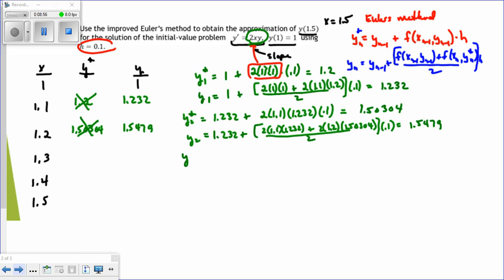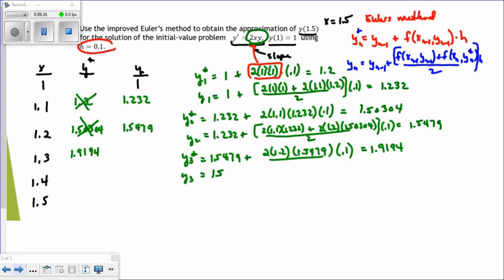Now the y3 star. Use the previous y value, the slope at that point, using Euler's method here to get the predicted value. Whoops, not dividing. And then times the 0.1, and that comes out to be 1.9194. Now we're going to use the adjusted value.